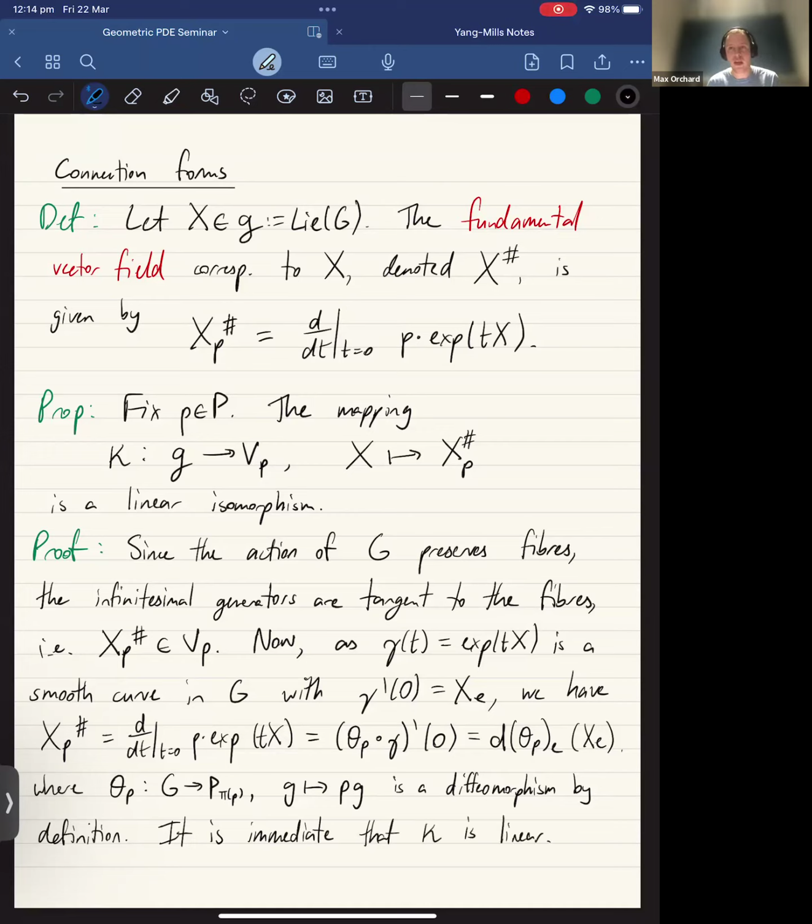So we know that it's linear. It suffices then to prove that this mapping is injective because this is a linear map between finite dimensional vector spaces.